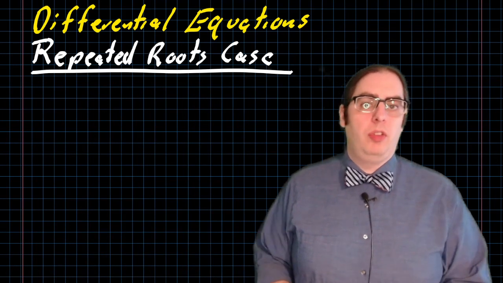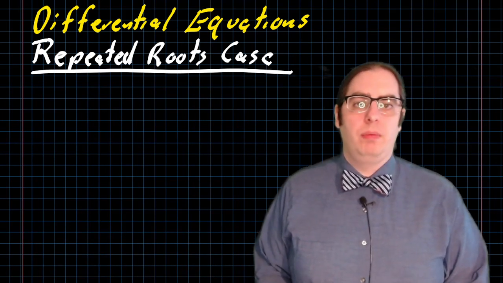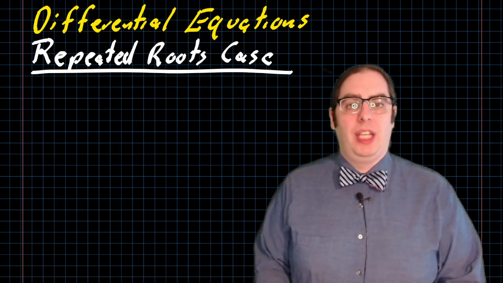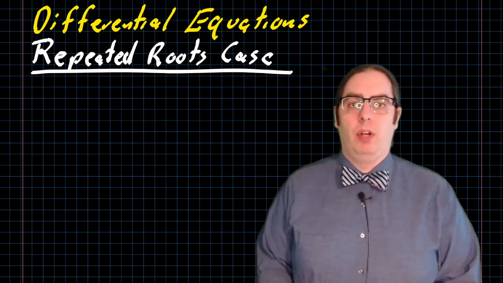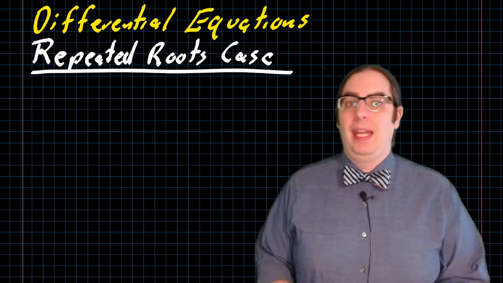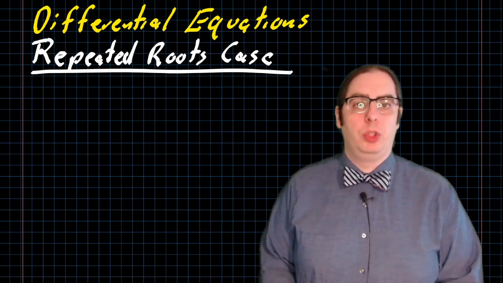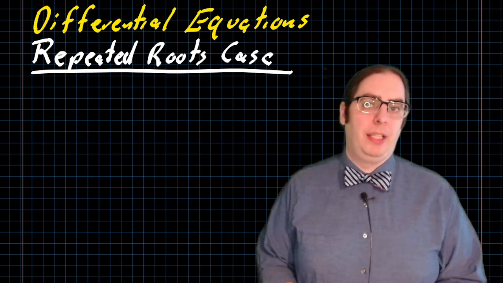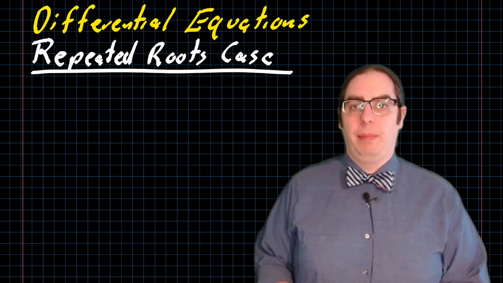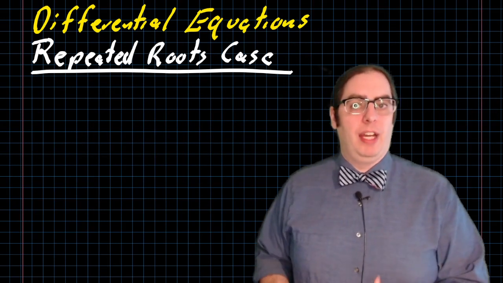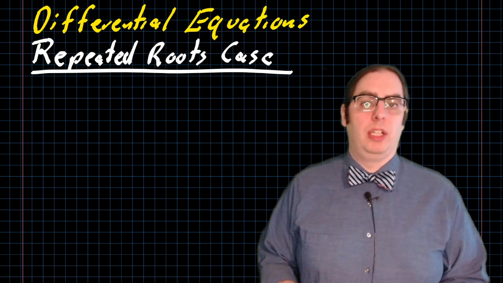Doing so gives us a quadratic equation, and that quadratic equation can have two real roots, in which case the solution is going to involve exponential functions. It can have two complex roots, which are either completely imaginary, in which case we have sines and cosines, or complex with real and imaginary parts, in which case we have exponentials and sine or cosine.